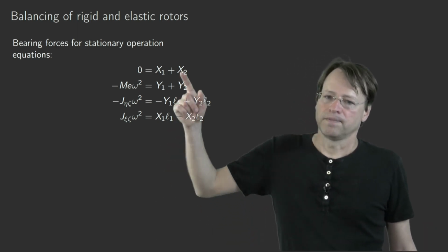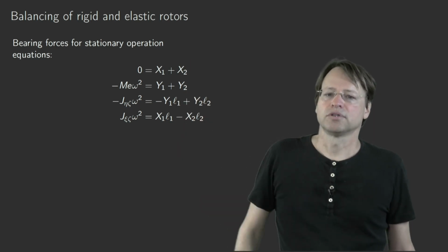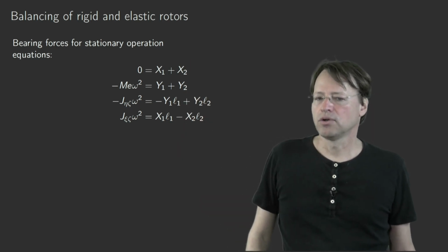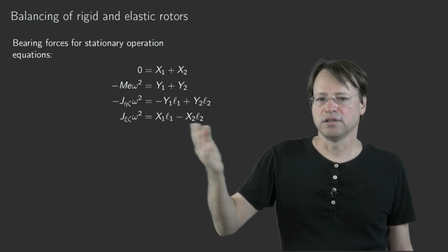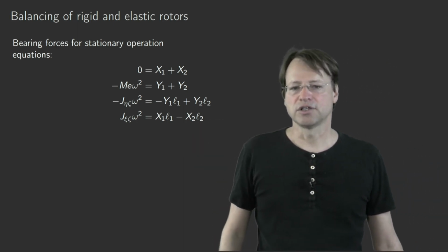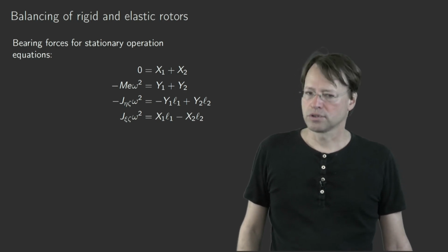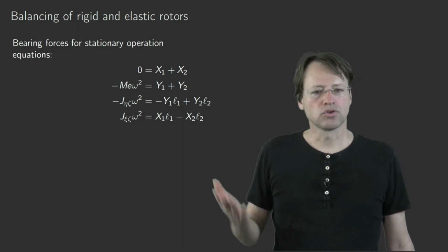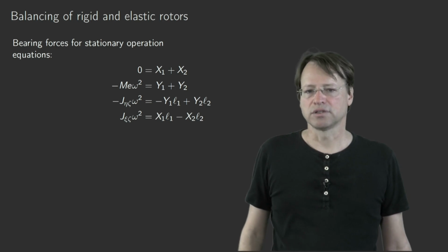So if you then set all the terms in omega dot to 0 because you're in a stationary case, you obtain these 4 equations. And you can see that these 4 equations are linear equations in the forces. So this is the big advantage of using a body fixed coordinate system.